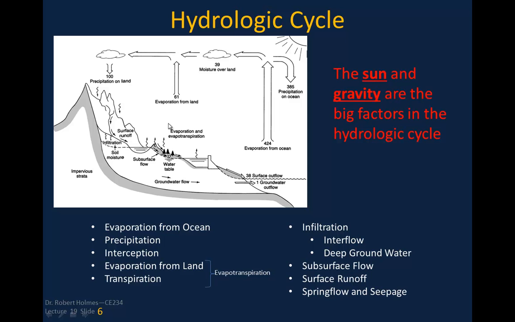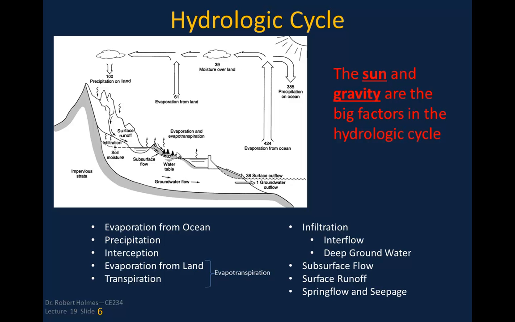I'm not going to go into it in great detail, just to mention the aspects of precipitation and evaporation that you've already seen. We have to worry about evaporation off the land and interception, as water gets caught up in potholes and leaves and the various kinds of ground cover.